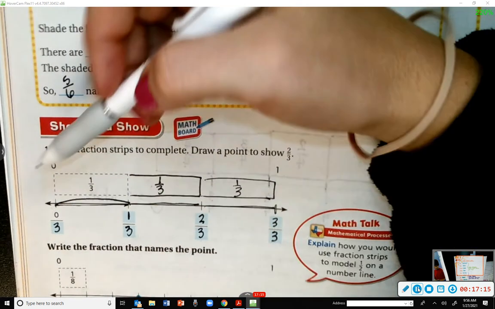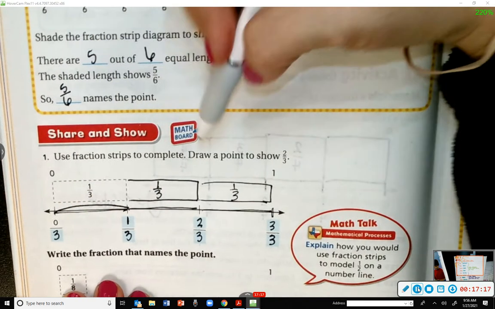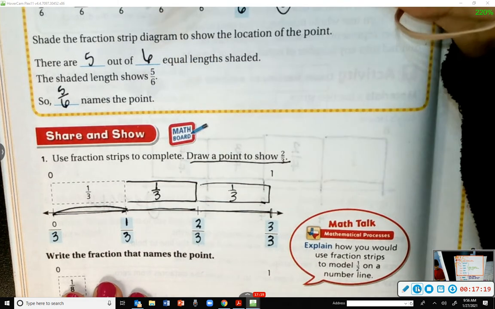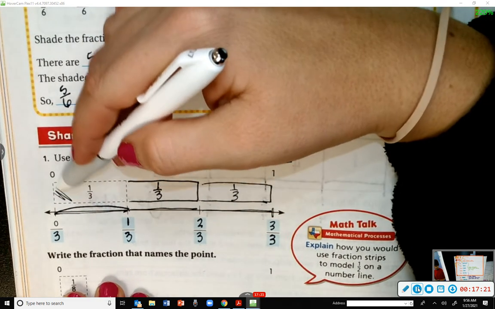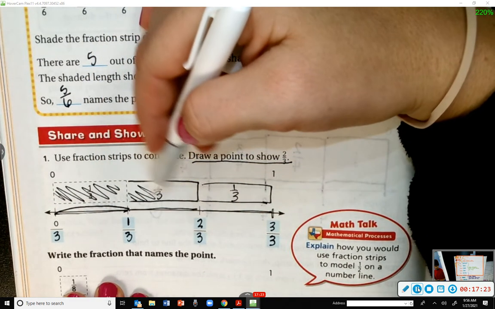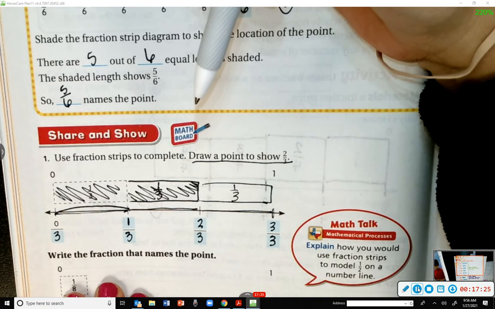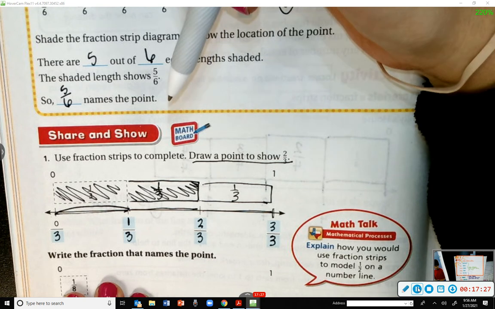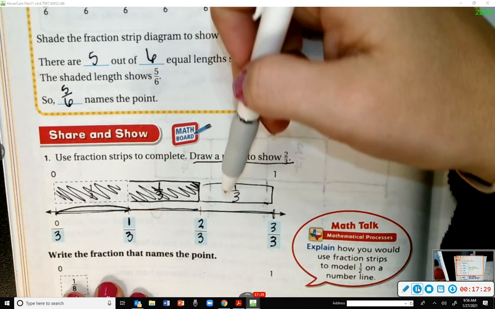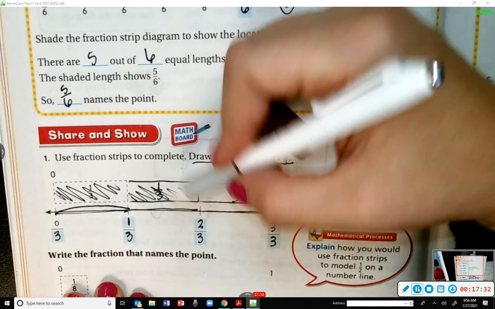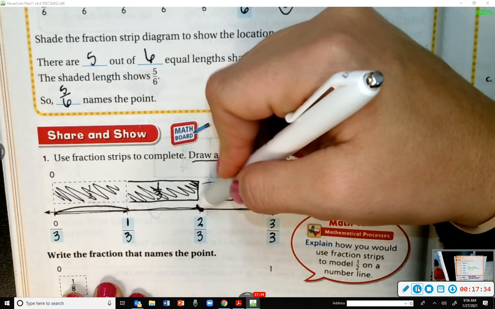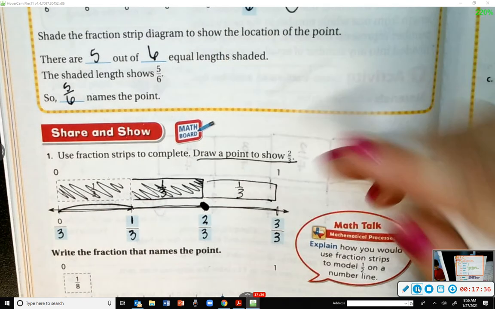Okay. So if I shade in my fraction strips, I want to draw a point to show 2/3. There's 1/3, 2/3. So where would my point need to be drawn? Right above where we wrote 2/3, right? Okay.